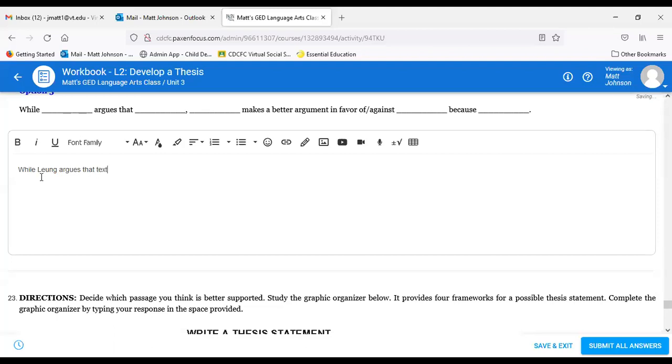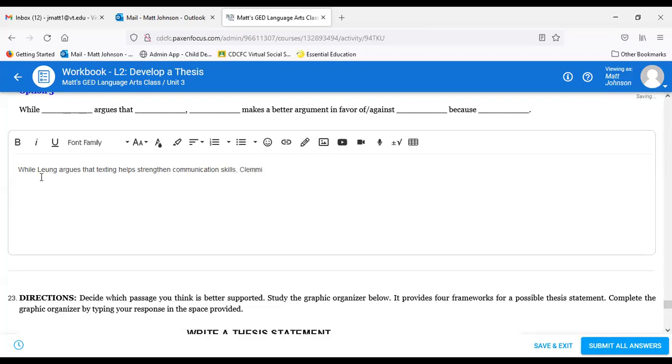Clement says it disturbs, like it interrupts sleep. Yeah. You got it. So while Liang argues that texting helps strengthen communication skills, something like that. Yeah. We don't want to get too wordy.